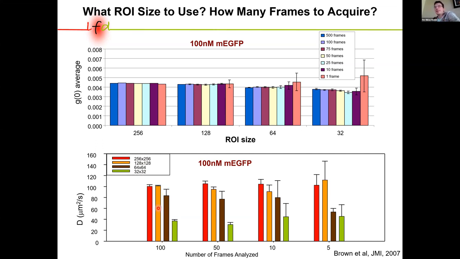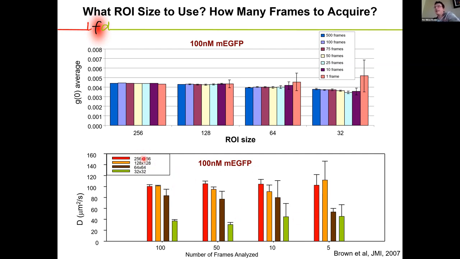With 100 frames, analyzing 256 by 256 or 128 by 128, you get the same result. Then with 64 by 64, you almost get the same result, but with 32 by 32, you underestimate the diffusion coefficient significantly.